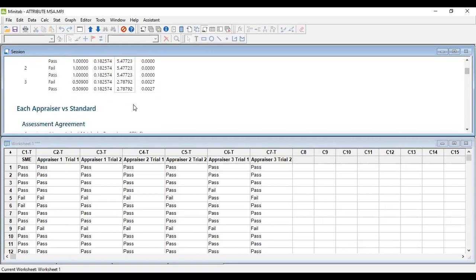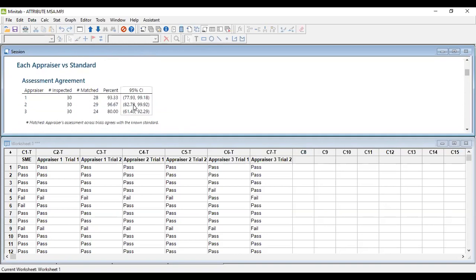Now, let's see. But how is that so? Because if you look at line item 6 on the Excel, on the workbook, you see that the SME says fail, but appraiser 1 is claiming pass.